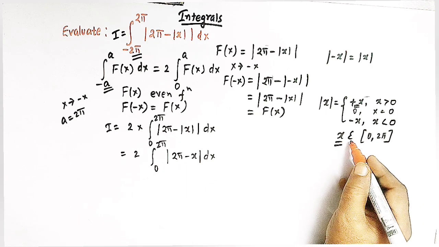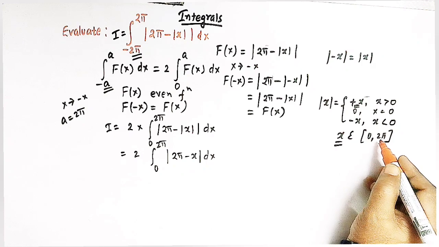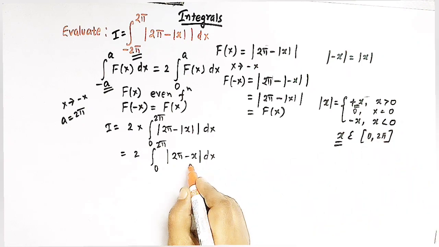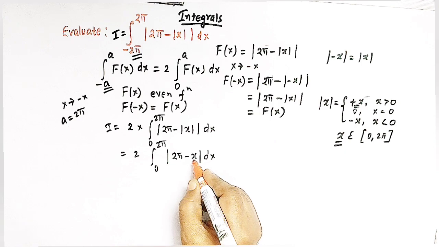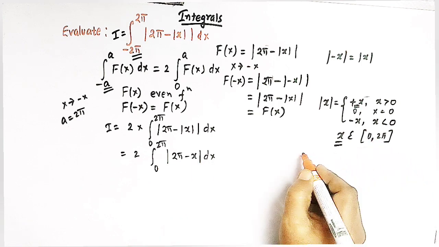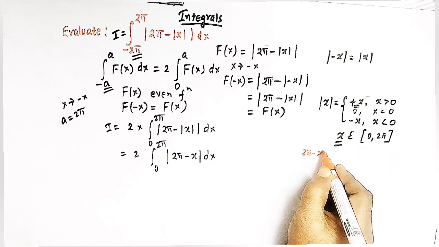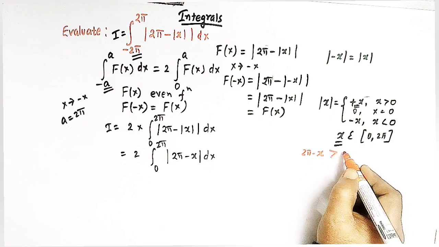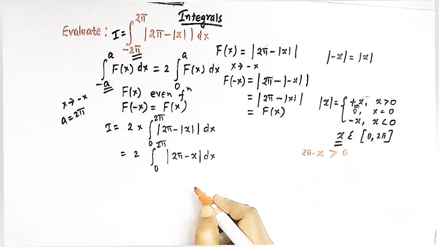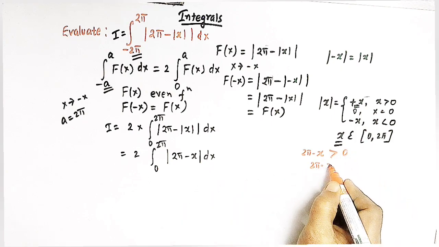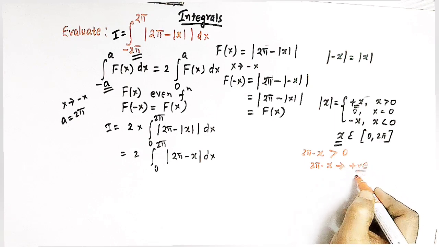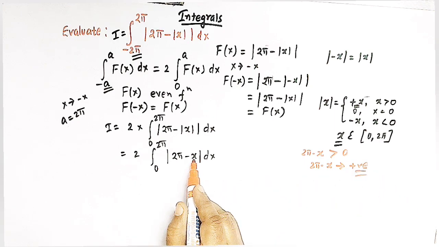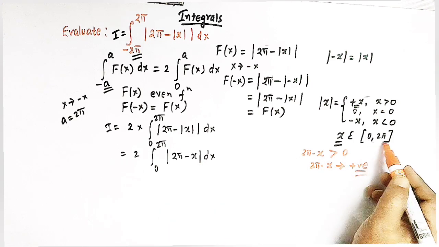Now see, x belongs to this interval, that is 0 to 2 pi, right? So whenever we take any value of x which belongs to this interval, then 2 pi minus x is always greater than 0, or in other words, 2 pi minus x is a positive number for all values of x belonging to this interval.